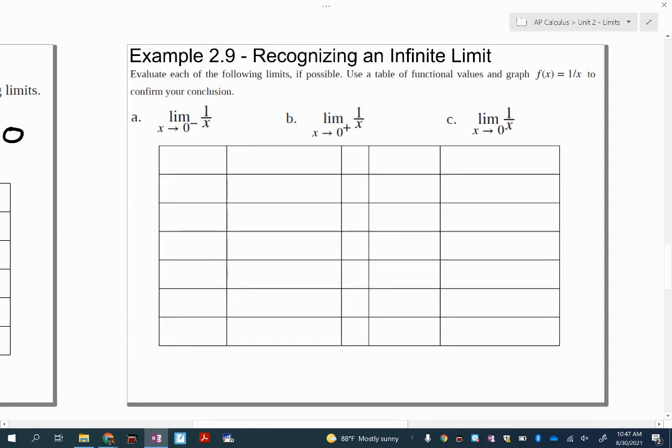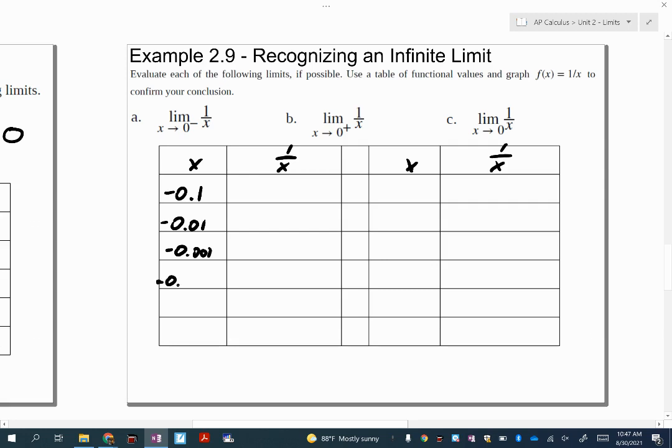Okay, now let's recognize an infinite limit. We're going to be looking at the parent rational function 1 over x, going from the left and to the right of 0. So we have x and 1 over x. To the left of 0, negative 0.1, negative 0.01.